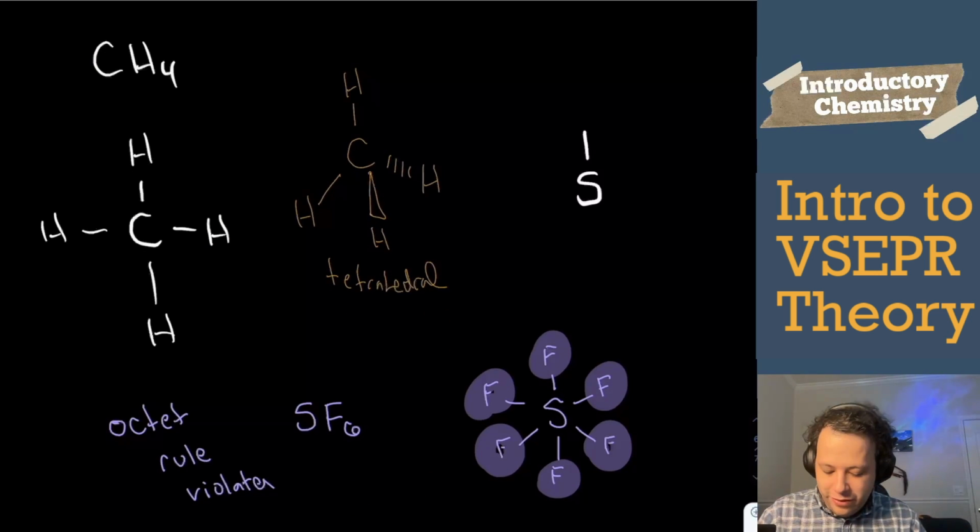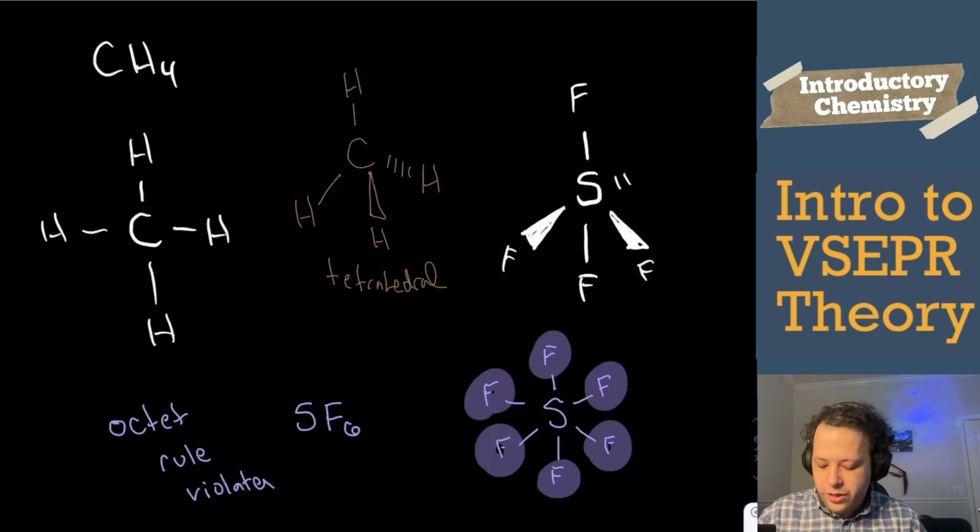We would draw sulfur. Two of them are pointing up and down in the plane. The rest of them, 2 of them are pointing out, just like so with wedges. And then we would draw 2 of them going away from us as dashes.